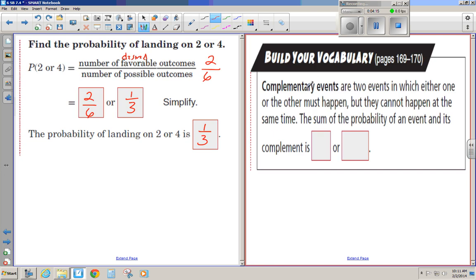Complementary events are 2 events in which either one or the other must happen, but they cannot happen at the same time. The sum of the probability of an event and its complement is 1, or 100%.